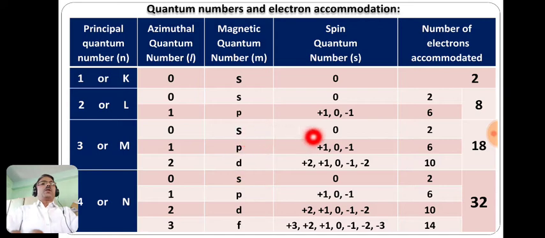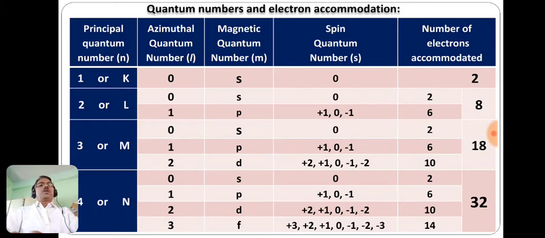We know 2 electrons are present in the s subshell and 6 in the p, and in the d subshell there are 5 magnetic quantum number values, +2, +1, 0, -1 and -2, and 2 electrons are accommodated in each, spinning clockwise and anti-clockwise. So 2 plus 2 plus 2 plus 2 plus 2, that is 5 into 2, which means 10. So in this third energy level there are 2 plus 6 plus 10, a total of 18 electrons.